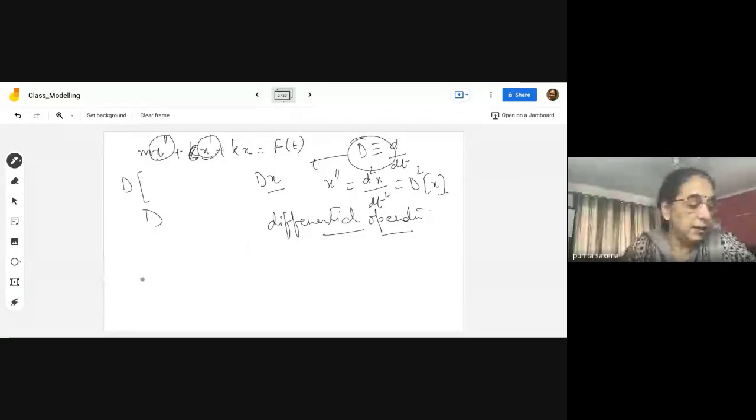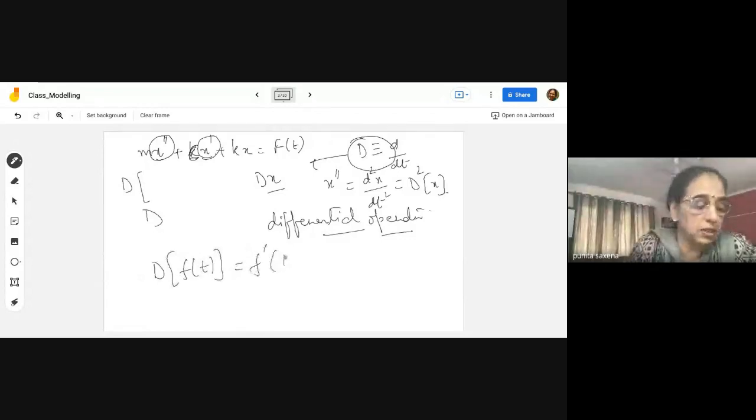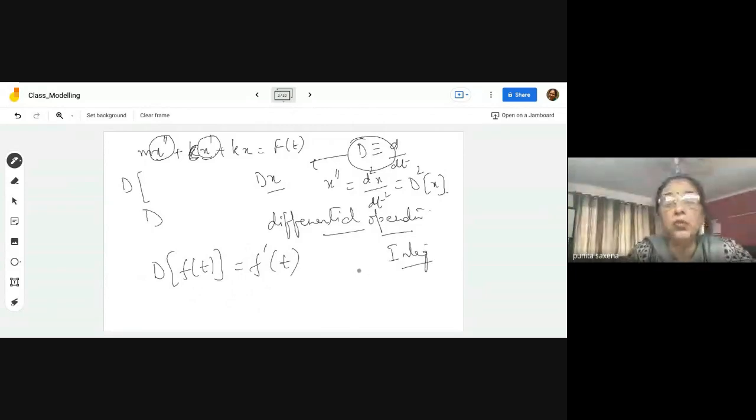Now in a way, the operator operates on some function to give us another function, which we call the derivative. You have seen that integration is nothing but the inverse operation of differentiation. Since the derivative of sin x is cos x, therefore the integral of cos x is sin x.